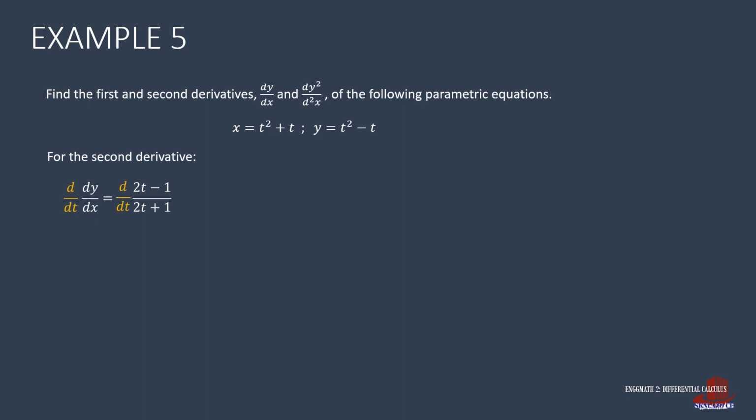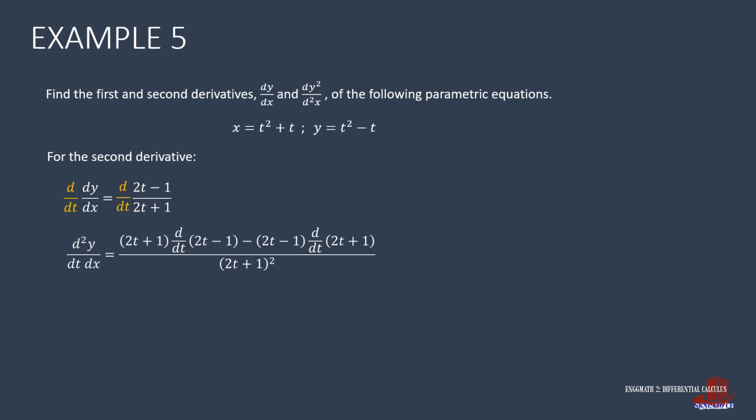And since we have a ratio, this can be differentiated using quotient rule, where we have the square of 2t plus 1 as the denominator, and the long procedure of low d high minus high d low is used for the numerator. That would be 2t plus 1 times the derivative of 2t minus 1. Then subtract the next term, 2t minus 1, times the derivative of the quantity 2t plus 1.